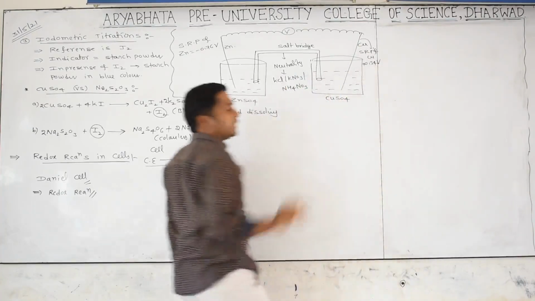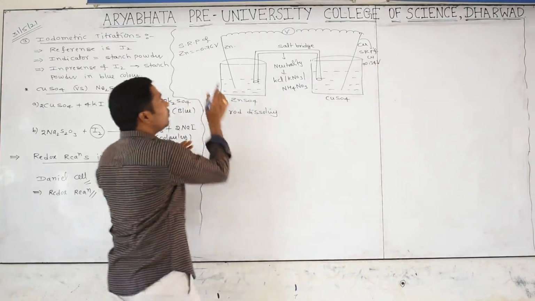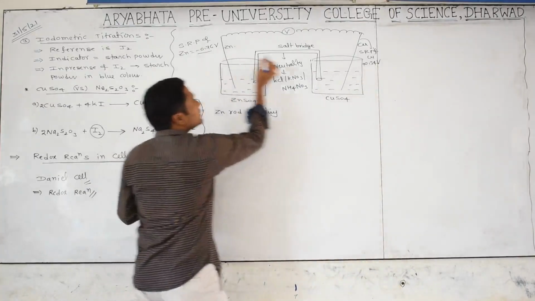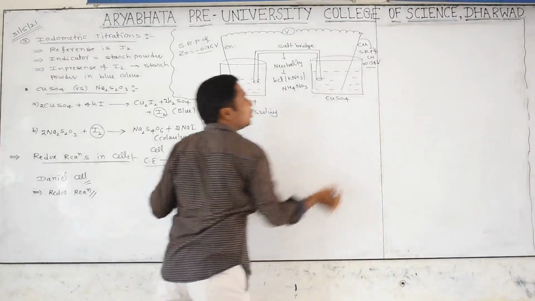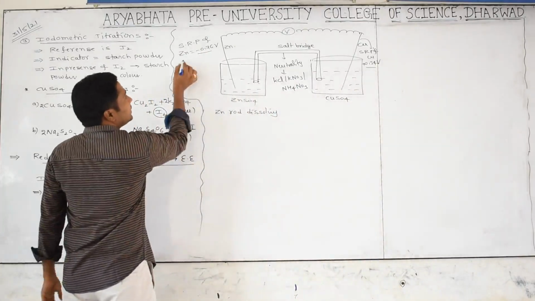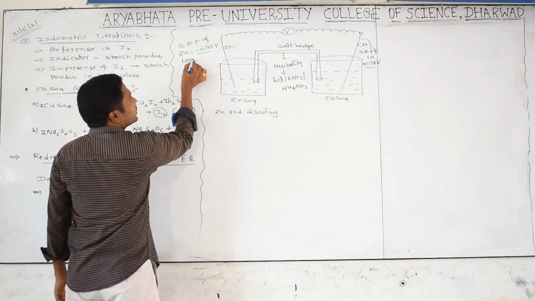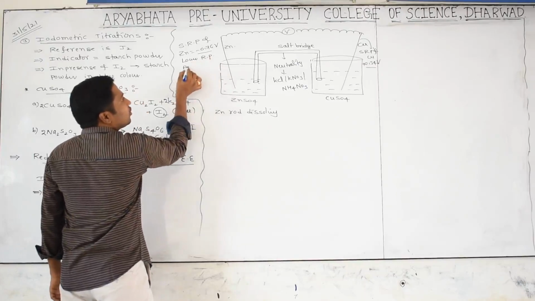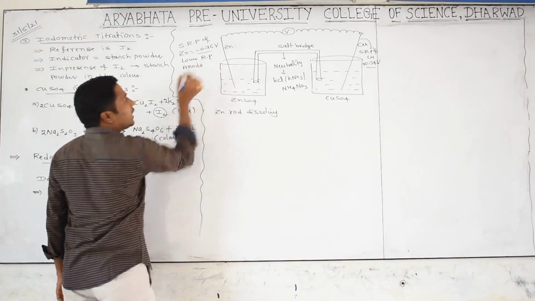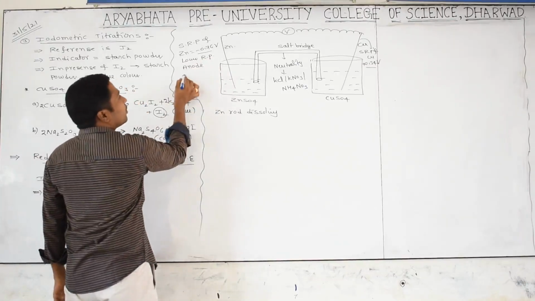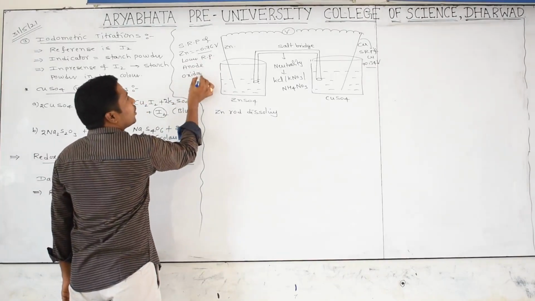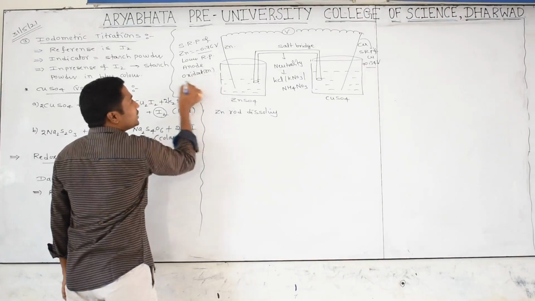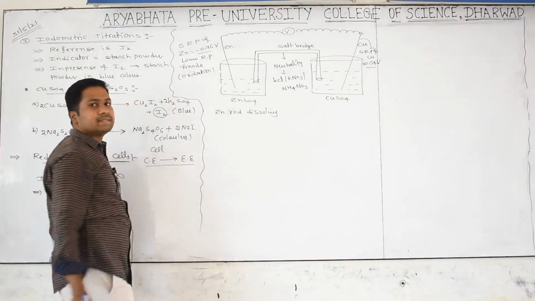Out of minus 0.76 and 0.34, which is the lower value? Minus 0.76 is the lower reduction potential. The one with the lower reduction potential always is involved in the anode, meaning it is always involved in oxidation. Where oxidation is happening, that rod is called the anode.